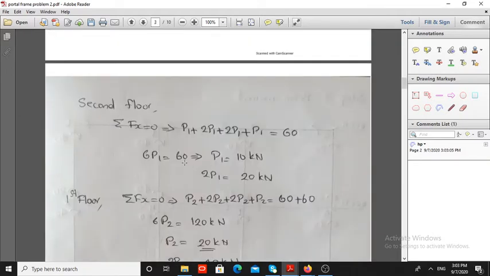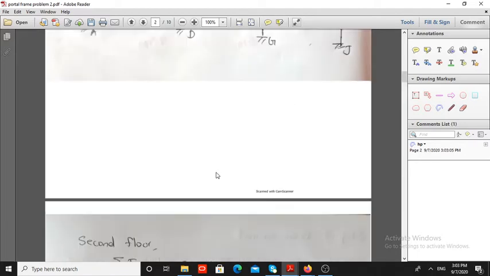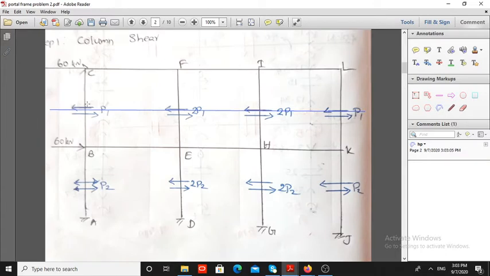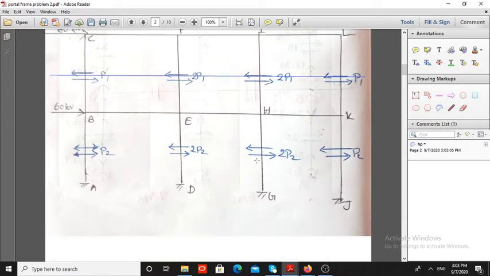Then 6P1 equal to 60, P1 equal to 10 kilonewton, 2P1 equal to 20 kilonewton. That is, the horizontal shear in the interior column is 20 kilonewton and in the exterior column is 10 kilonewton.